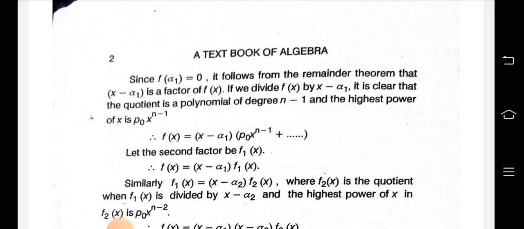If we divide f(x) by x minus alpha 1, it is clear that the quotient is a polynomial of degree n minus 1 and the highest power of x is p0 into x power n minus 1.